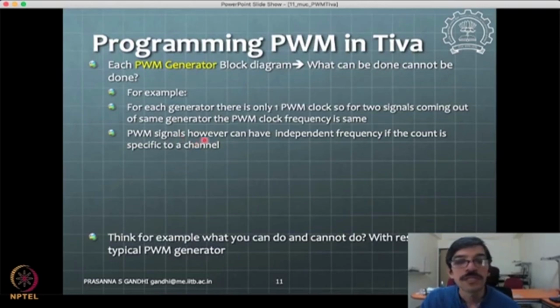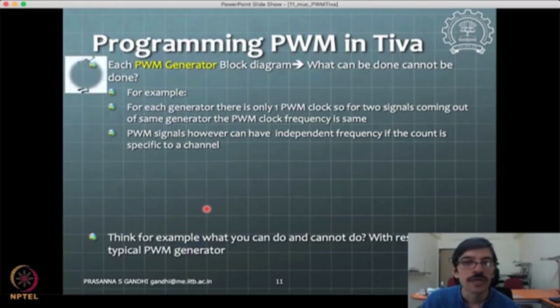So PWM signals can have independent frequency, or the PWM A and B signals that are coming would have it if the count is specific to the channel. So you need to check whether there is a count for the specific channels, or the same count is given for both channels. You check that data and you will be able to see that the PWM signal frequencies can be changed by changing the count for each specific channel.